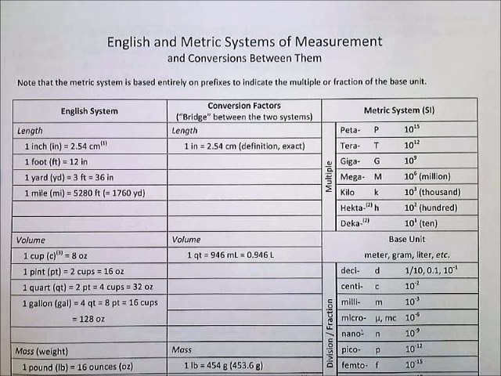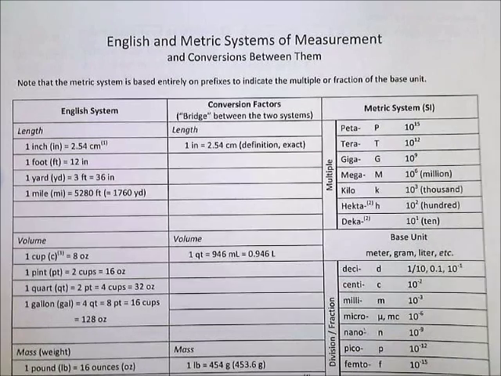You can look it up. And mass: 1 pound is equal to 454 grams or 453.6 grams. And that works out pretty well. These 3 memorized conversion factors will get you almost any conversion between English and metric that you need. Okay, we'll come back to that.